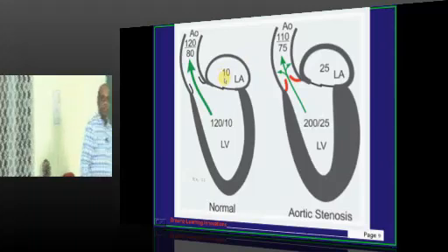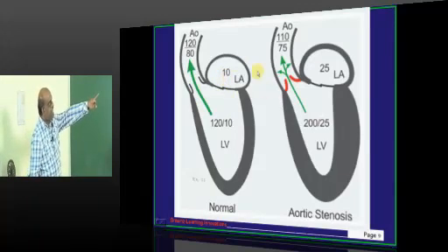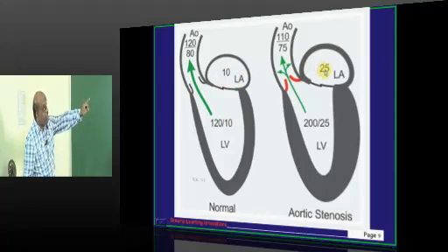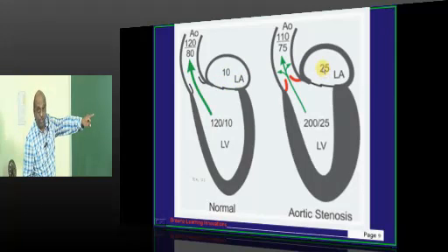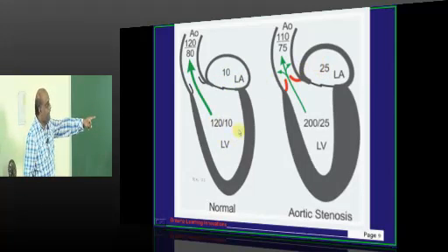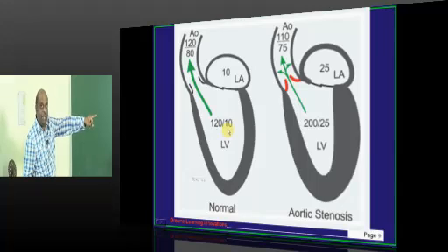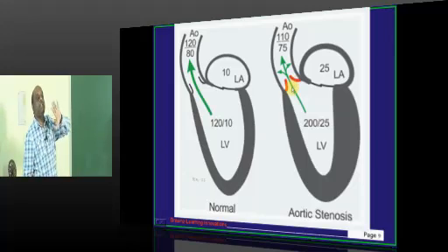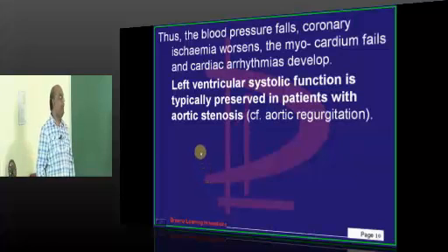In a normal person, the left atrial pressure is around 10 millimeters of mercury; it got elevated to 25 in aortic stenosis. In a normal person the left ventricular pressure is 120 by 10; that got elevated to 200 by 25 because of the aortic stenosis. So this is the typical pathophysiology of aortic stenosis.